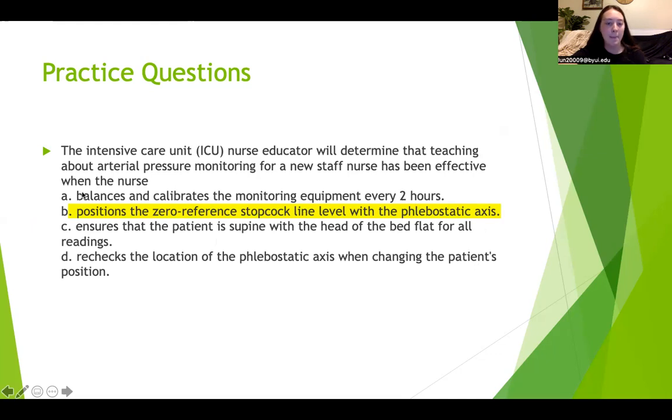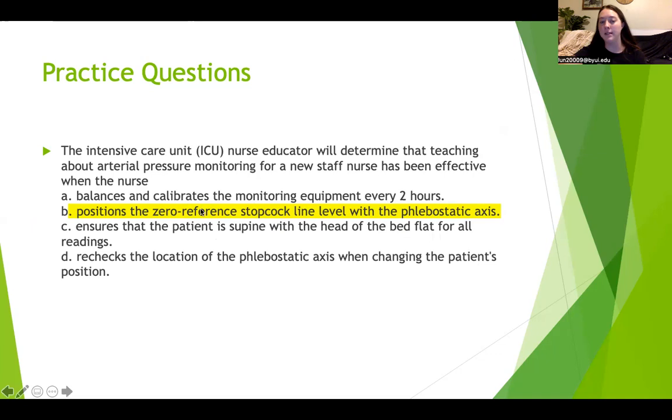Okay. Ensures that the patient is supine with the head of the bed flat for all readings: not necessary. Remember I said they can go up to 30, 45 degrees, side to side, it's pretty flexible with that. You just have to make sure you know what positions they can't go into. Balance and calibrate monitoring equipment every 2 hours: well, if they haven't gone anywhere or drastically moved positions or something hasn't happened, you don't need to balance and calibrate the monitoring equipment.